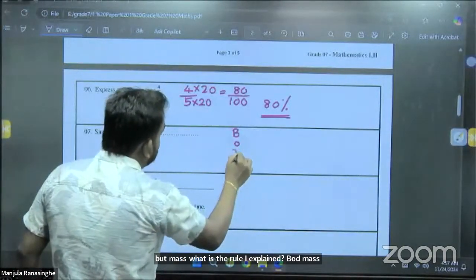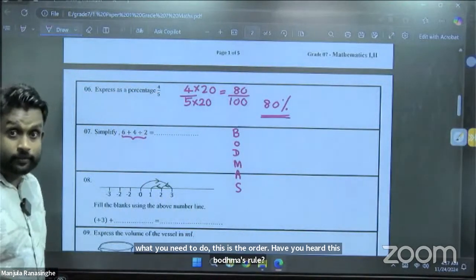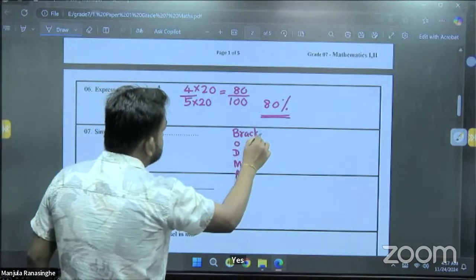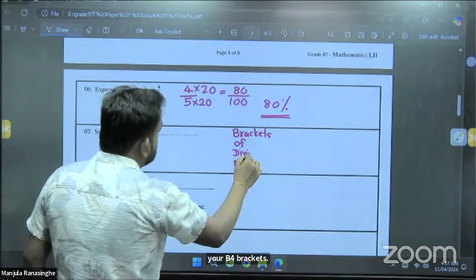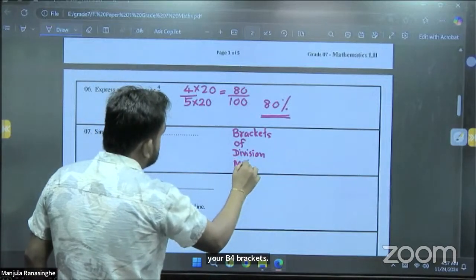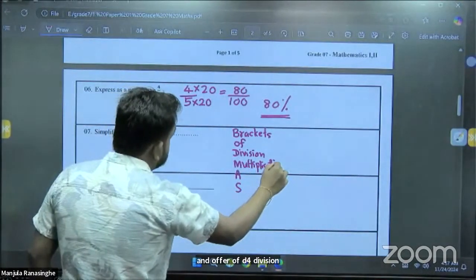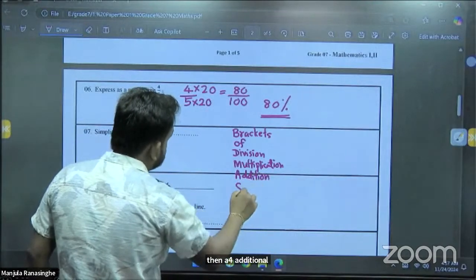Have you heard this BODMAS rule? Yes, sir. B for brackets, O for of, D for division and M for multiplication, then A for addition, and S for subtraction.